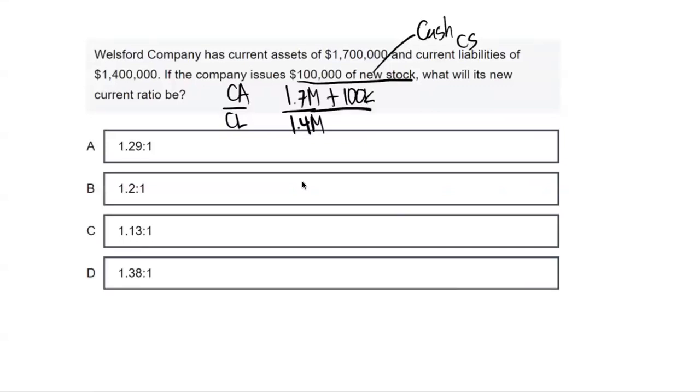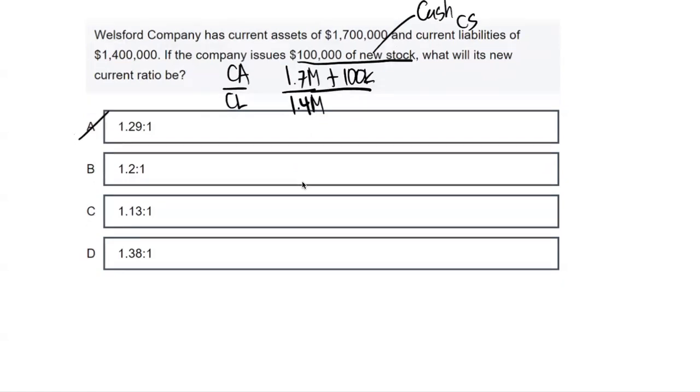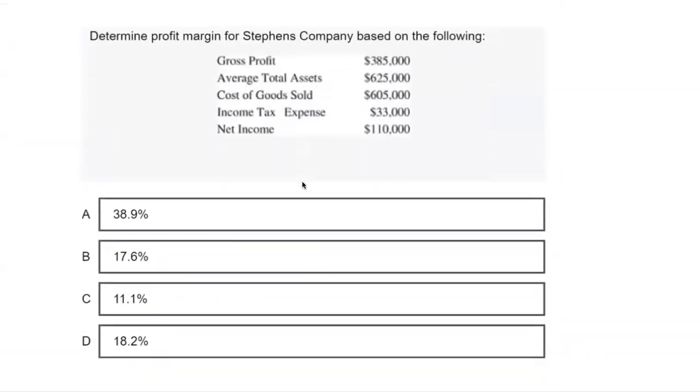Tataas ba yung ating current liabilities? No, kasi ang tataas equity. So that would be 1.8 divided by 1.4. Our current ratio would be 1.29. Okay. Ayan. Next one.